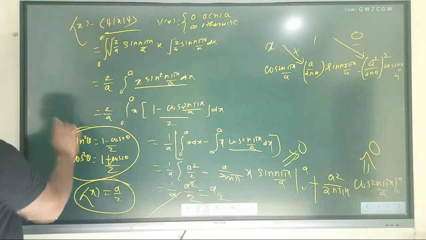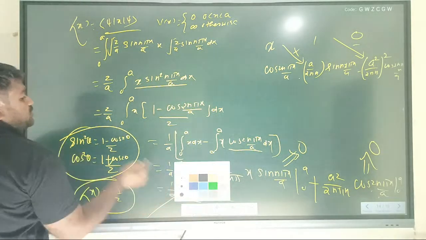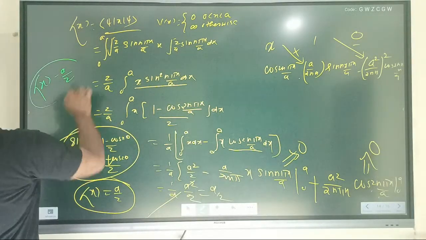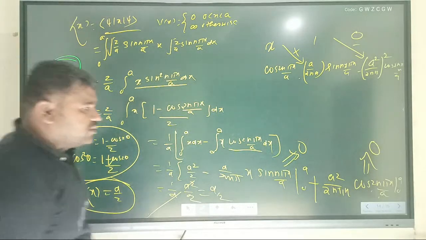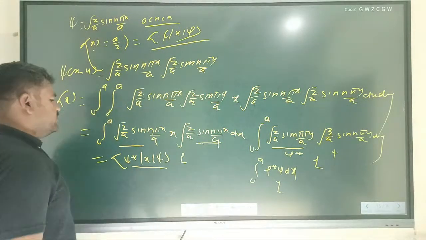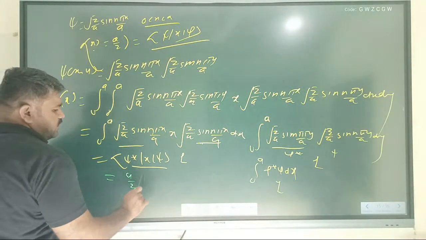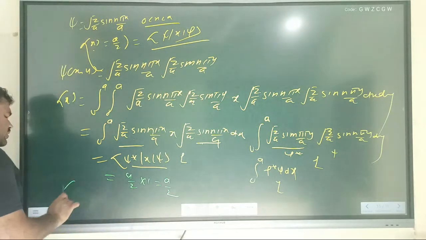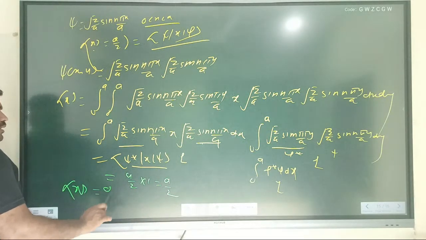Expectation of x in box system is equal to how much? a by 2, और asymmetric box expectation x कितना होता है तो 1 by 2 होता है. Okay, now this value is equal to a by 2 into 1, simply a by 2, meaning for the 2D case expectation x is a by 2.